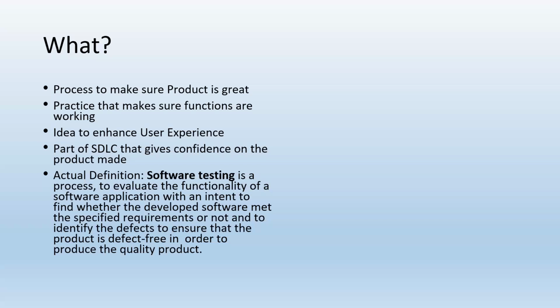Did they actually specify the application that you have to build? If you didn't catch the defect in the requirement documentation, you start building the applications based on the documentation that was given to you. So defects can come from those requirements.